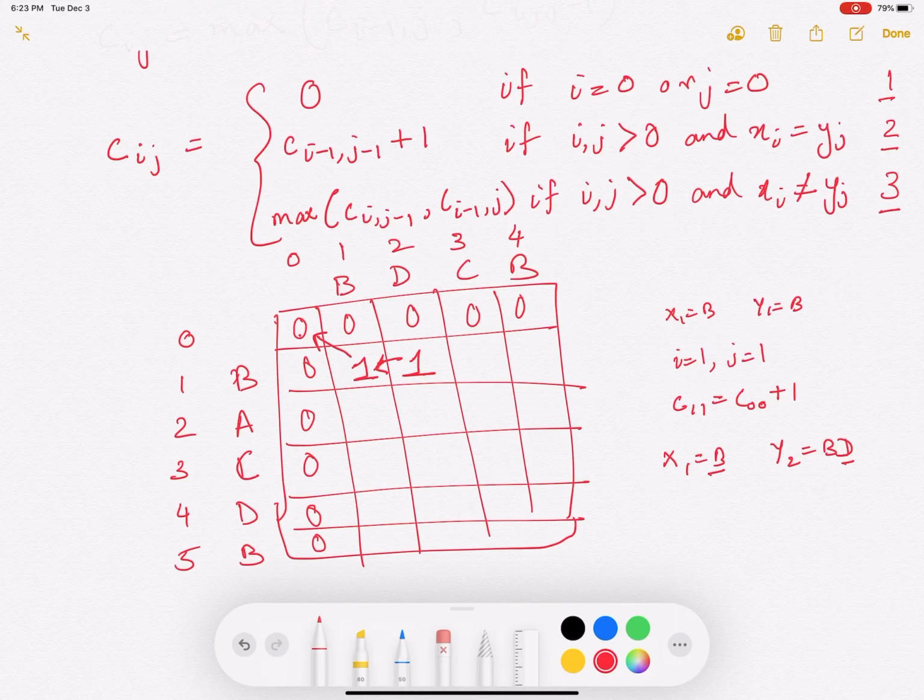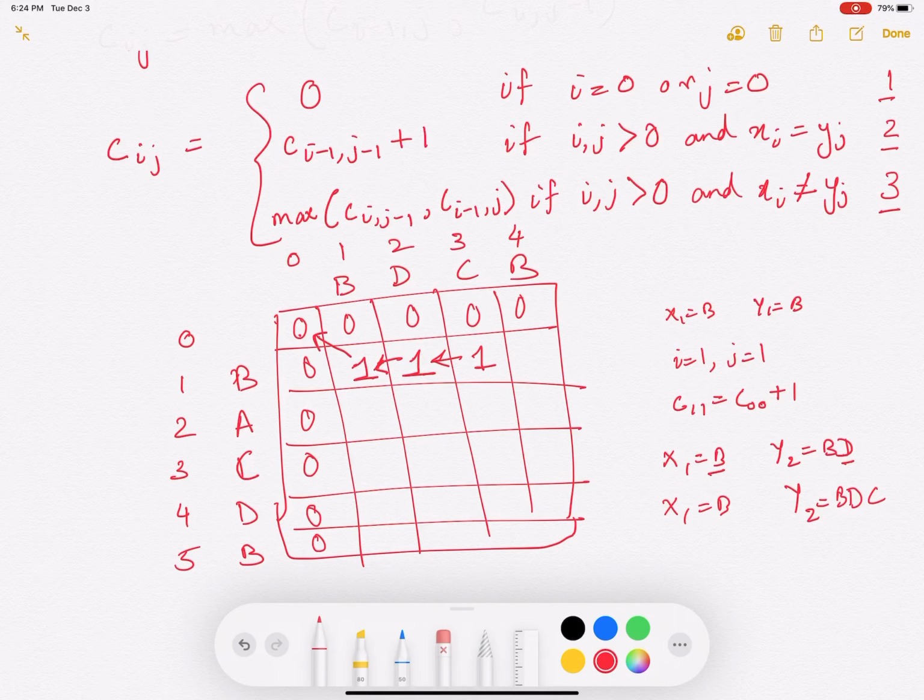Now we can try to fill this one. It'll be between x1 equals B and y3 equals BDC. Again, the characters don't match, so you look in this box and this box, between 1 and 0. Of course, 1 is greater than 0, so you take 1 out here and put an arrow like this.